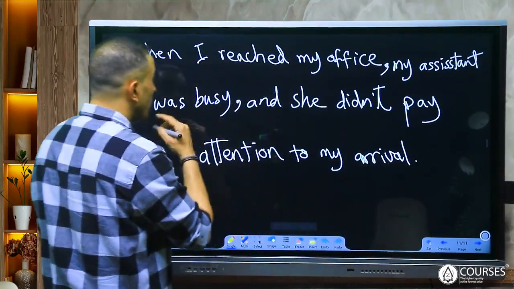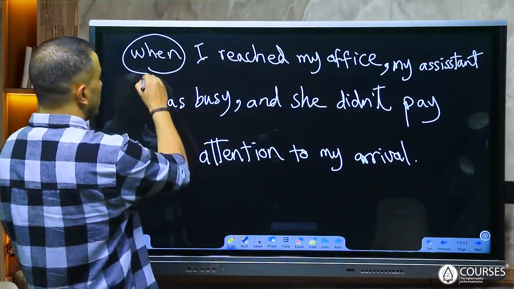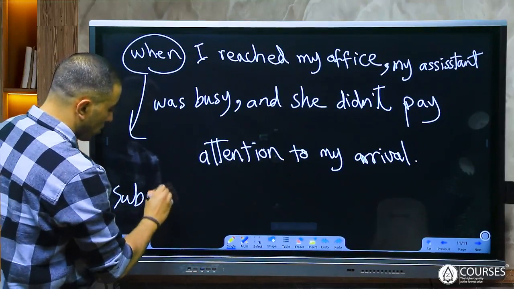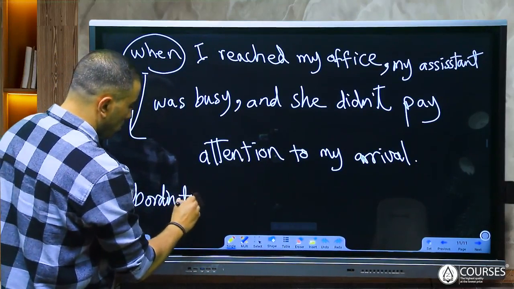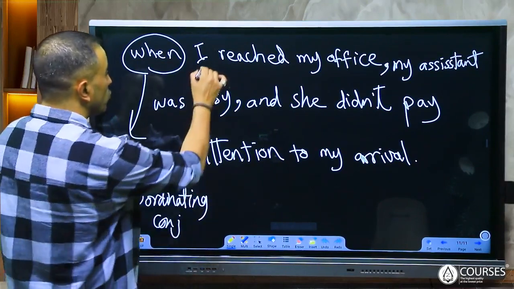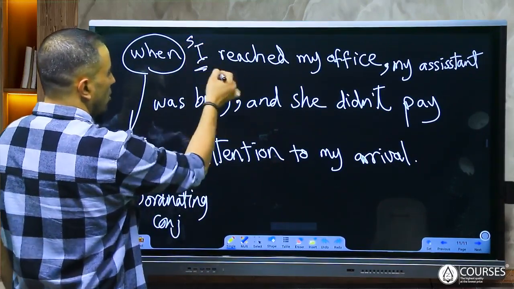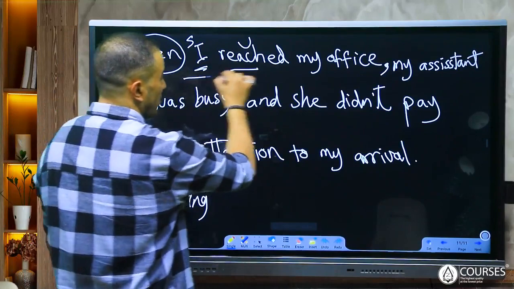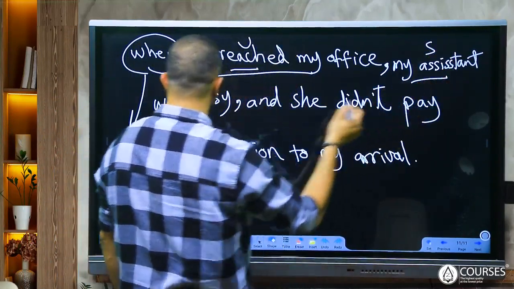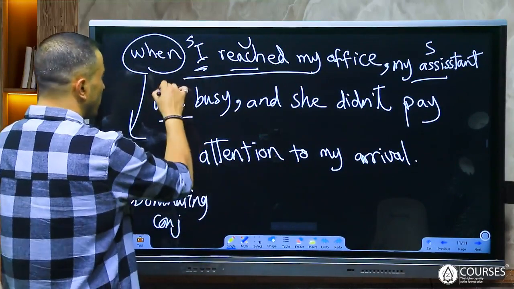Let's cut it down. When is the subordinating conjunction, right? After it we got the subject, I, and the verb, reached, right? This one is the dependent clause, comma, my assistant is the second subject, was is the second verb, was what?